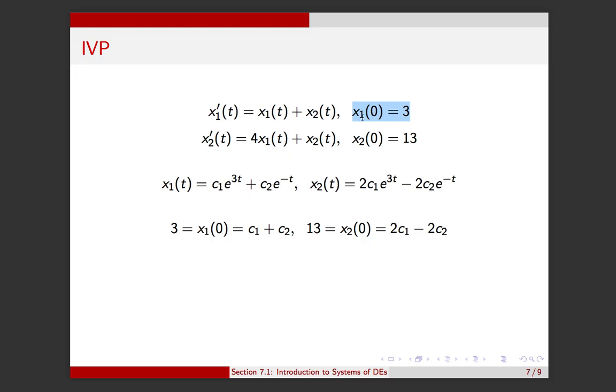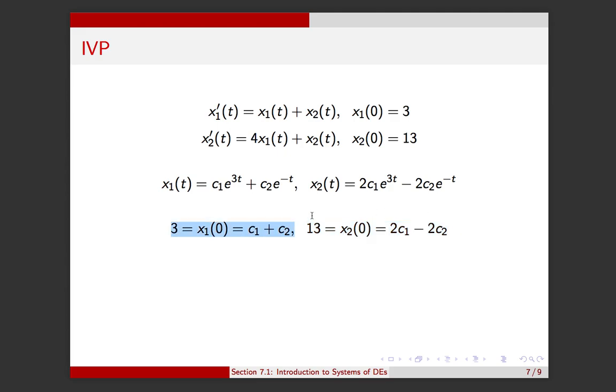It's saying that in x1, when t is 0, x1 is 3. So I plug in a 0 for t, and what do I get? c1 plus c2. What is this condition saying? It's saying inside x2, when t is 0, x2 is 13. So I get this equation here. You plug in a 0 for t, and now you get twice c1 minus twice c2 equals 13.